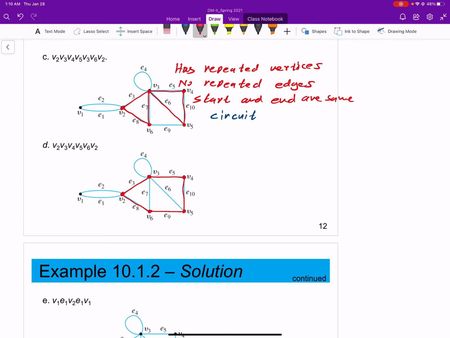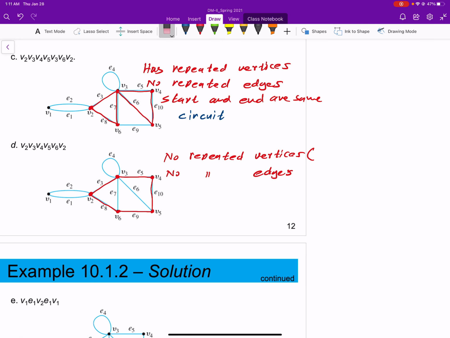This has no repeated edges, no repeated vertices except the starting and ending point. No repeated vertices. No repeated edges. Let me put except the start and end.